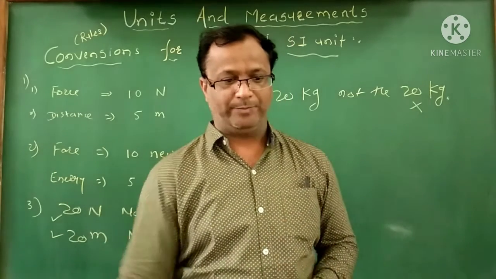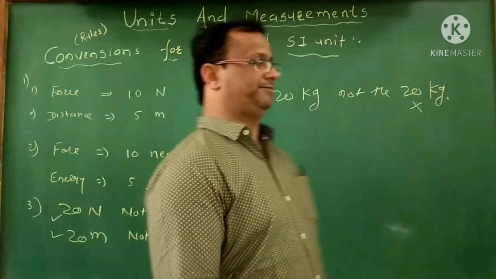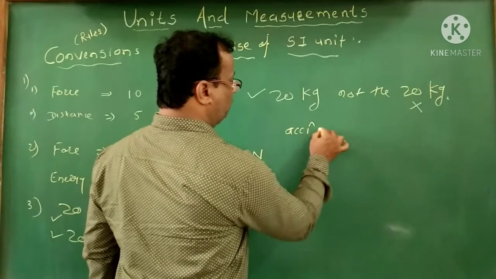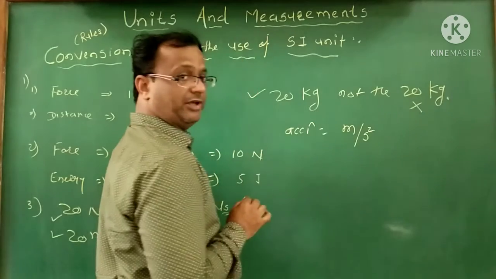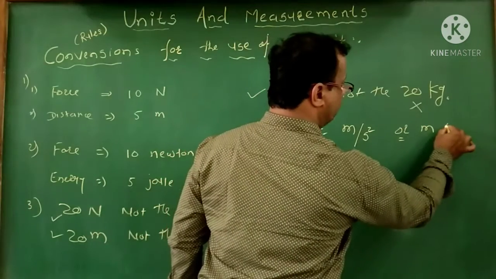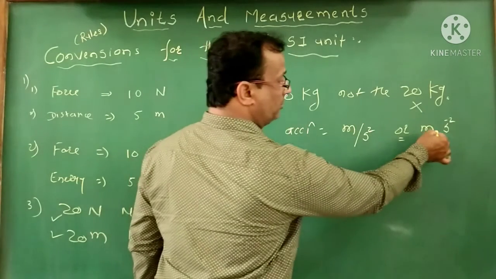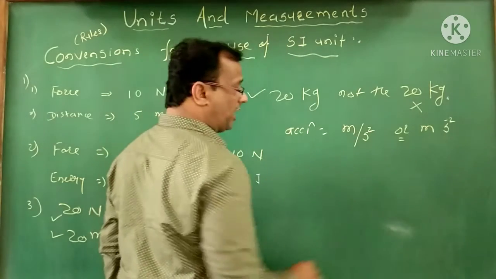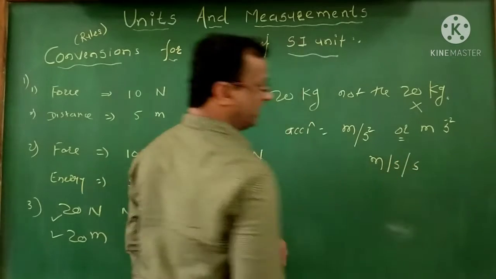For example, if we want to write down acceleration, the unit of acceleration is meter per second square, in this way. Or we write this unit meter then second minus 2, in this way. It means that you give a space between these two symbols. But don't write in this way, that is meter per second per second.